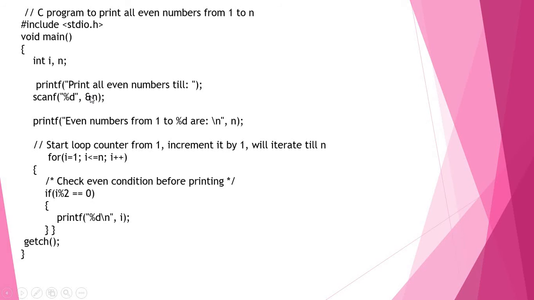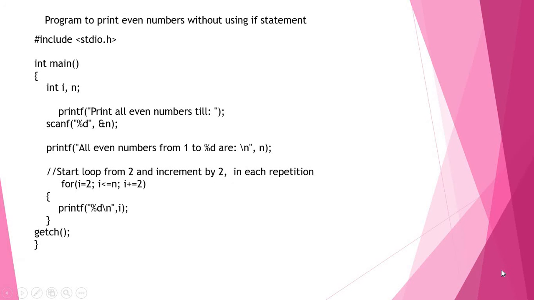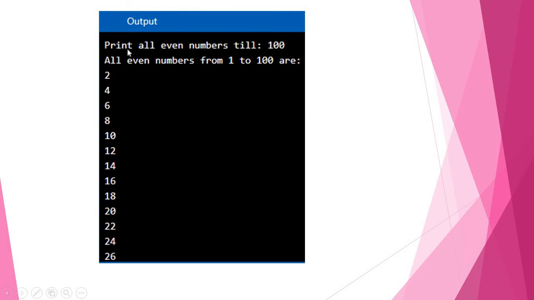For example, if the user enters 10, it will print all the even numbers between 1 and 10. If the user enters 20, all the even numbers between 1 and 20. Let's see the output. If the user has entered 100, then between 1 and 100 I get the list of all the even numbers over here.